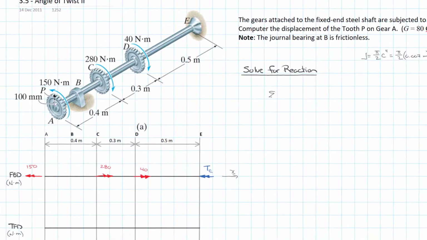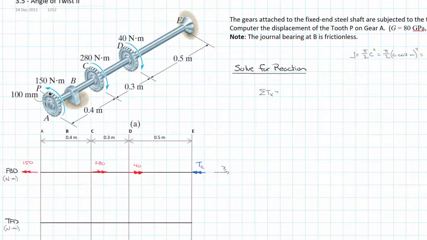So we apply our one equation of static equilibrium, which in this case is the sum of the torques about the x-axis, set it equal to 0, and then working left to right, we'll work at negative 150 Newton meters, we'll add to that 280 Newton meters, add to that 40 Newton meters, and subtract our torque at E. And it's our only unknown.